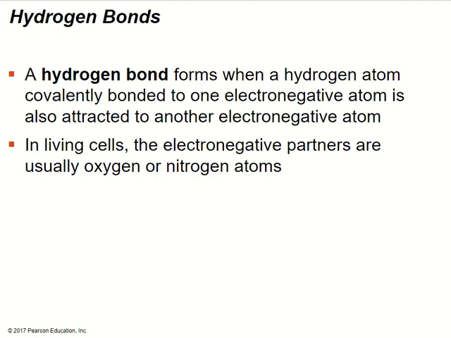In living cells, the electronegative partners are usually oxygen and nitrogen. So a hydrogen chemically bonded to an oxygen might be electrostatically attracted to an oxygen on another molecule, simply because of those partial positive and negative charges.